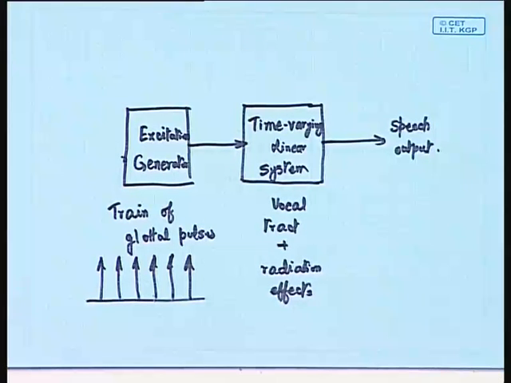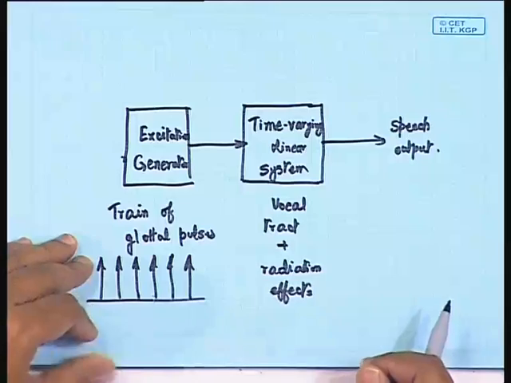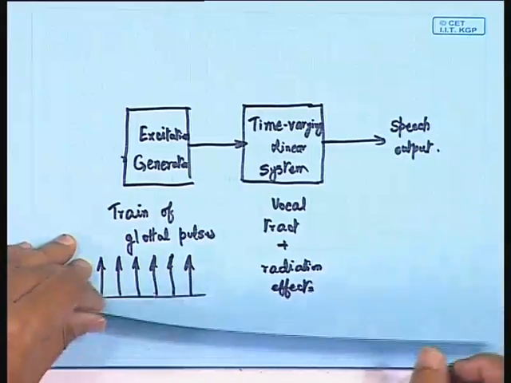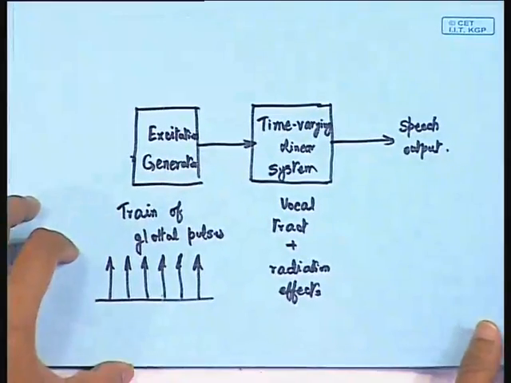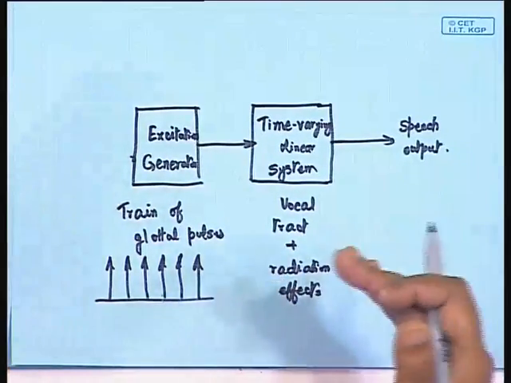So let us now talk about the organ pipe model, just to model our vocal tract system, and then we will see how we can consider the variation in the spectral shape that is going to take place in the vocal tract.